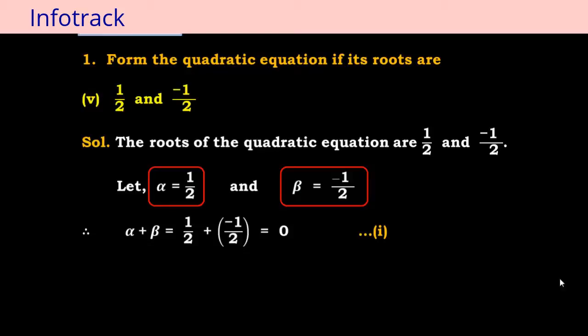So 1 upon 2 plus minus 1 upon 2, you will get 0. Alpha into beta is 1 upon 2 into minus 1 upon 2, that is minus 1 upon 4. So we have the values of alpha plus beta and alpha into beta. So we know that the quadratic equation is x square minus (alpha plus beta) into x plus alpha into beta is equal to 0.